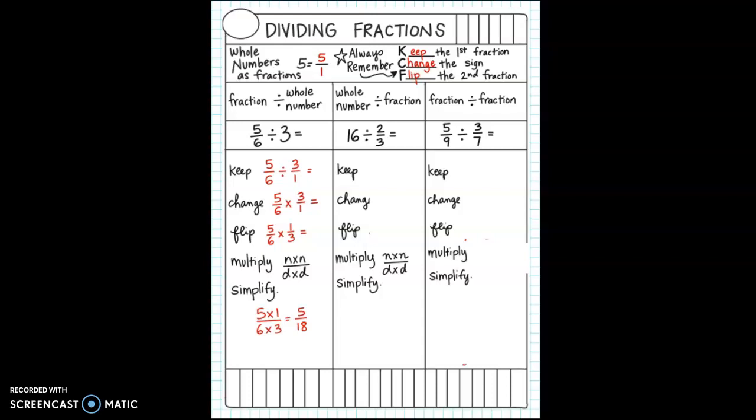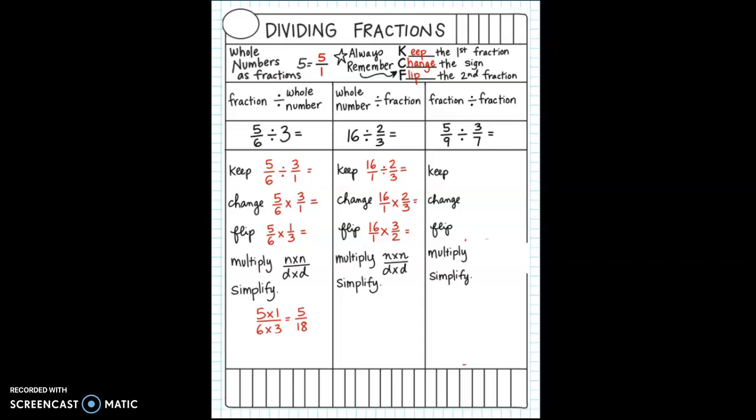The next example is a whole number divided by a fraction. 16 divided by 2/3. So we are going to keep 16 as the whole number, but we are going to write it over 1 to show it in fraction form. Divided by 2/3. Next step is to change the division to multiplication, and then we are going to flip the second fraction to its reciprocal. 2/3 becomes 3/2.